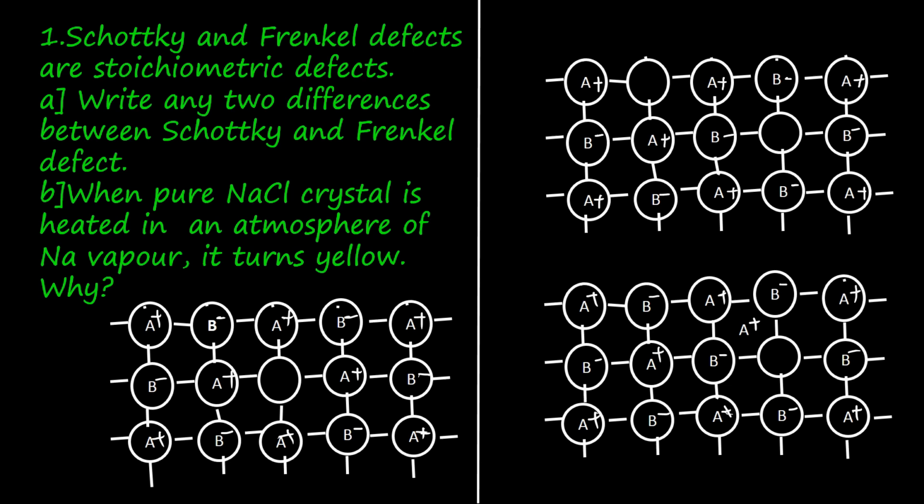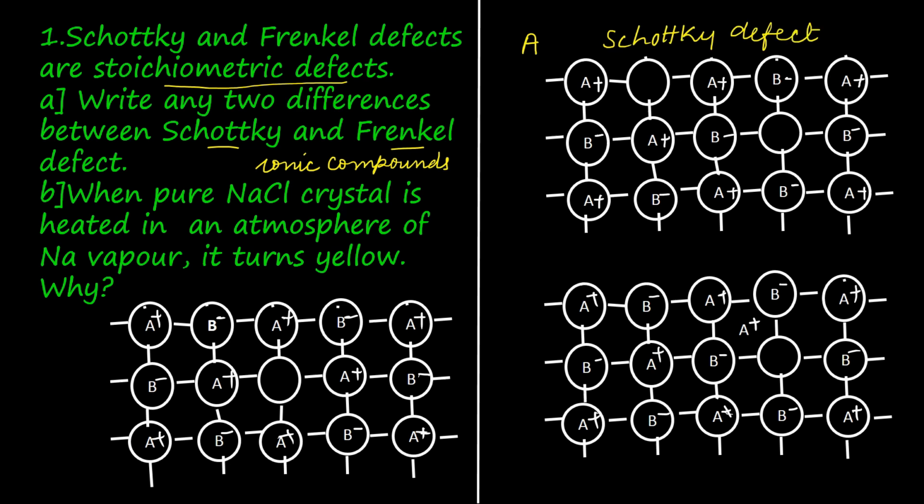Section A of the question is about two types of stoichiometric defects. Schottky and Frenkel defects are exhibited by ionic compounds. Consider diagram A. It is a diagrammatic representation of a portion of a crystal showing Schottky defect. The positive ions A and negative ions B alternate in the given rows.